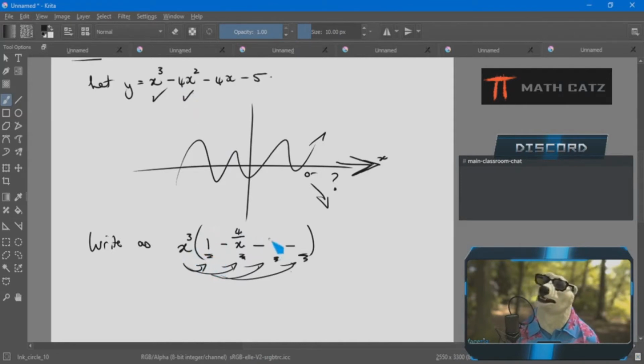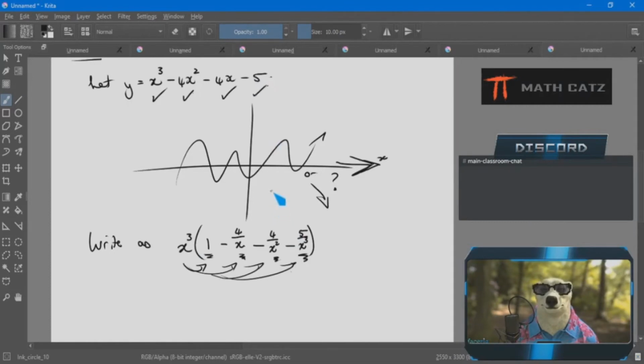The third one in the bracket is 4 over x squared, so that I get my 4, and when I cancel the x's, I'm left with 1 x. And the last one's going to have to be 5 over x cubed, so that when I multiply it in, I'm left with just the 5.